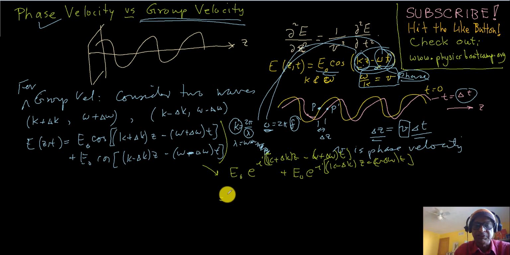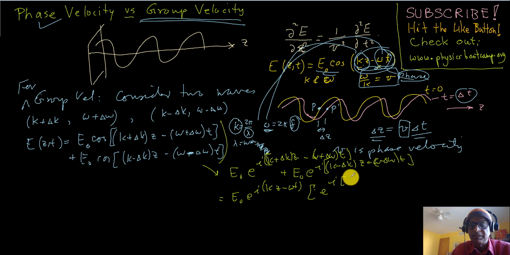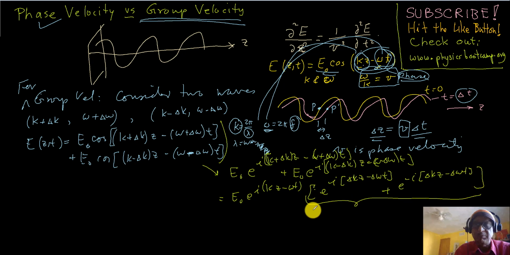You can take out the common factor, e to the power i (kz minus omega t), and then what remains is e to the power i (delta k z minus delta omega t) plus e to the power minus i (delta k z minus delta omega t). This whole thing is simply 2 cosine (delta k z minus delta omega t).